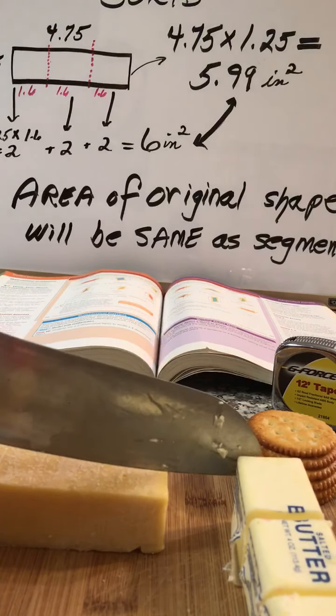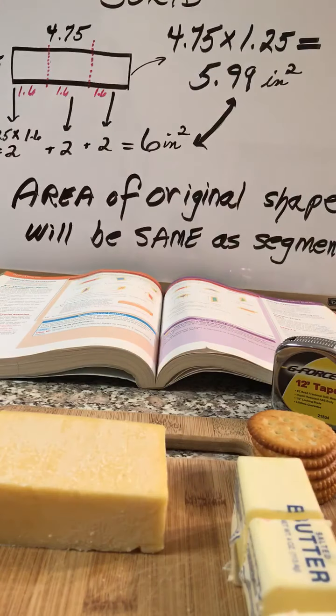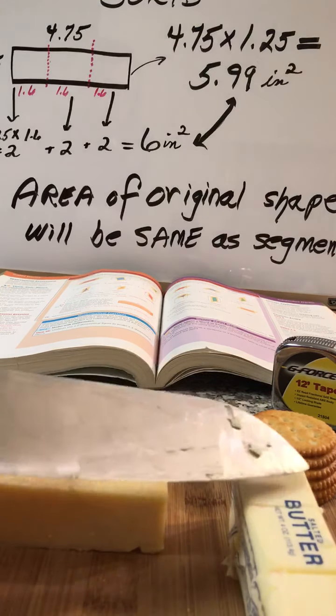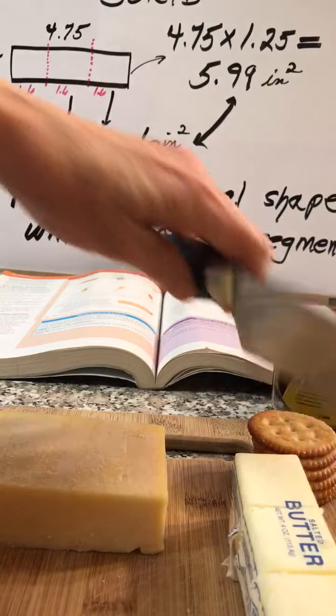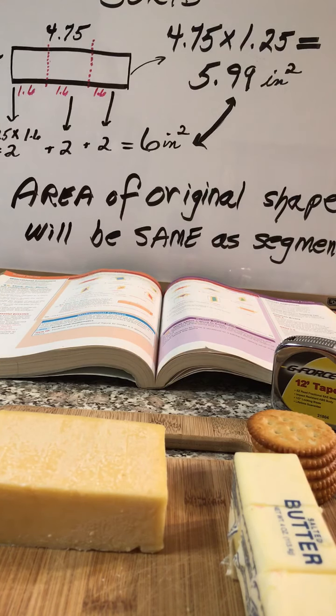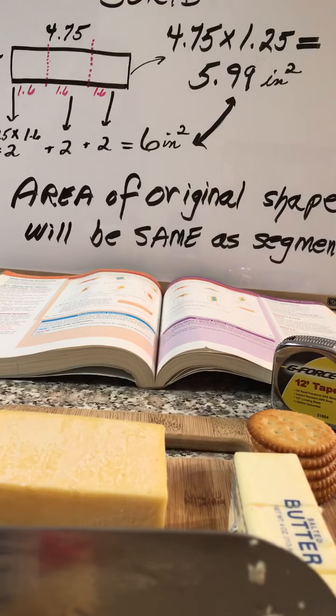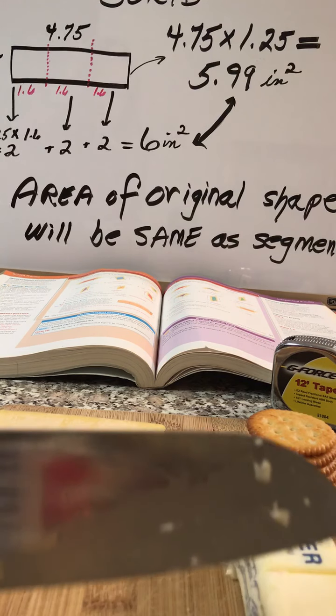Okay, so what we did was we divided 4.75, which is the length of the butter, by 3, because we want to have 3 equal parts. And we learned that if we divide by 3, each part is 1.6 inches. Okay, the whole thing is 4 3/4.